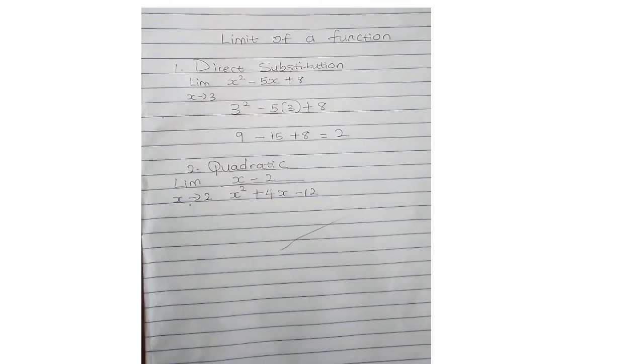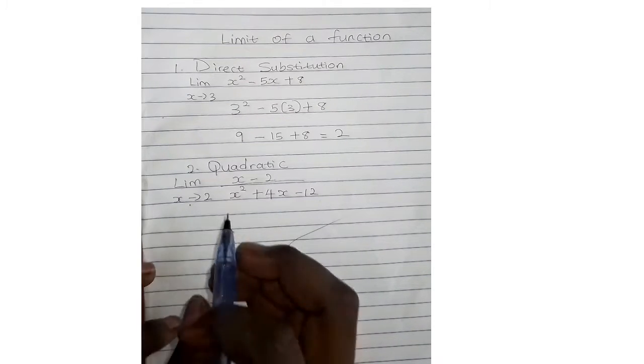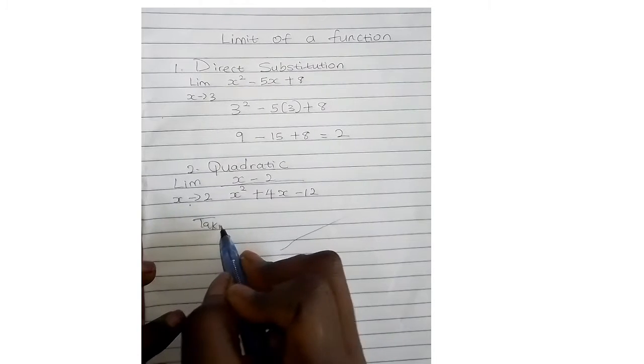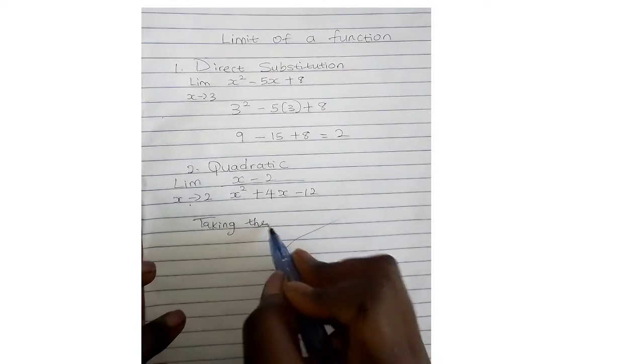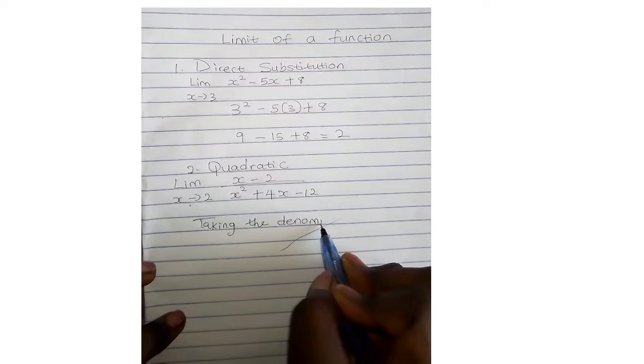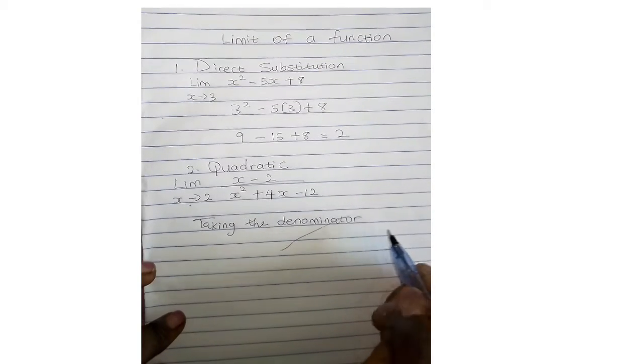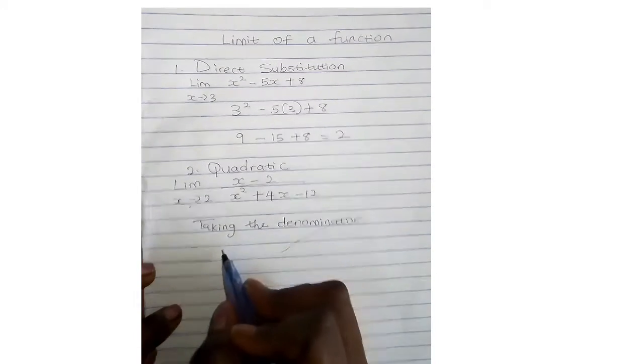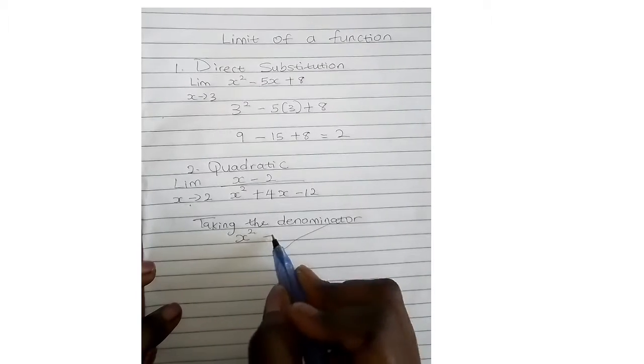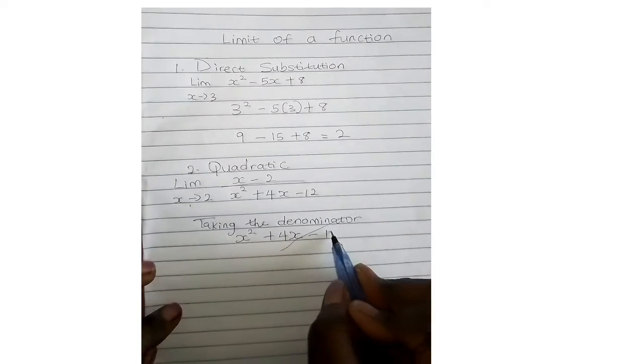In this case, we are going to start by solving with the denominator, which is x squared plus 4x minus 12.